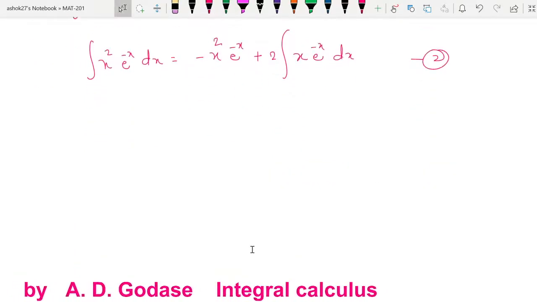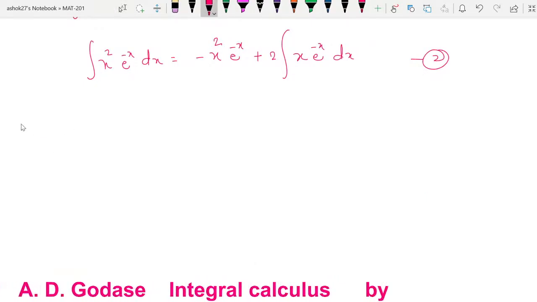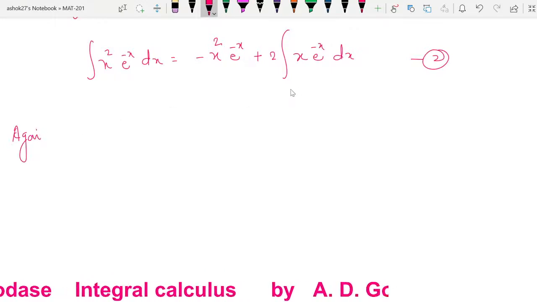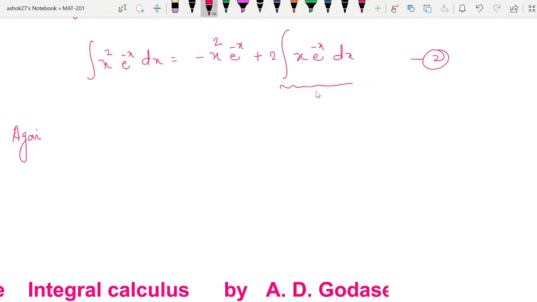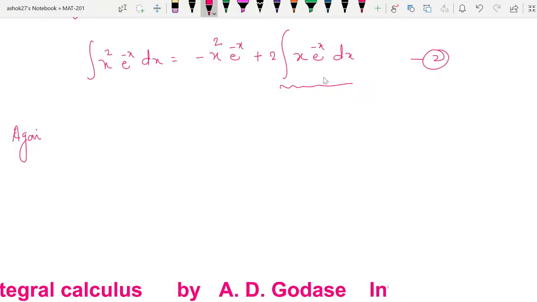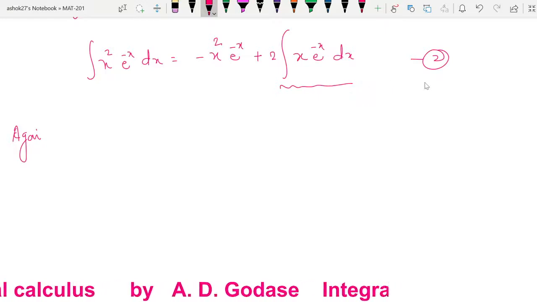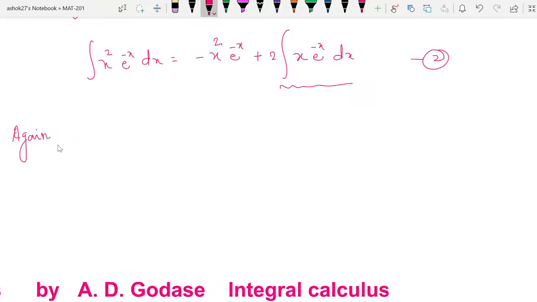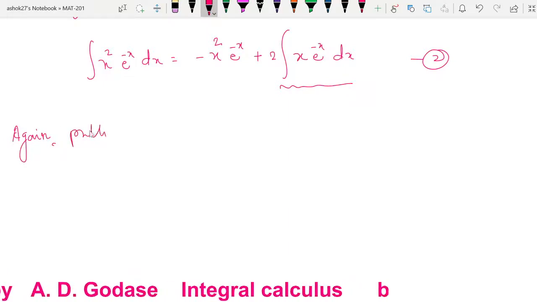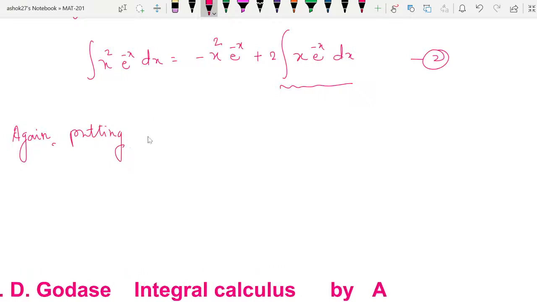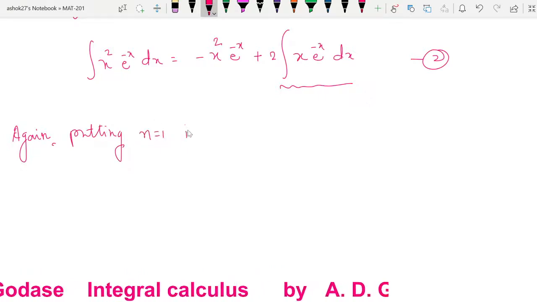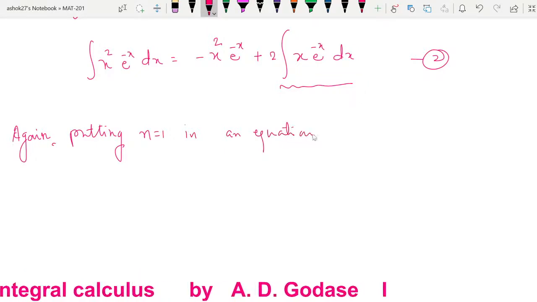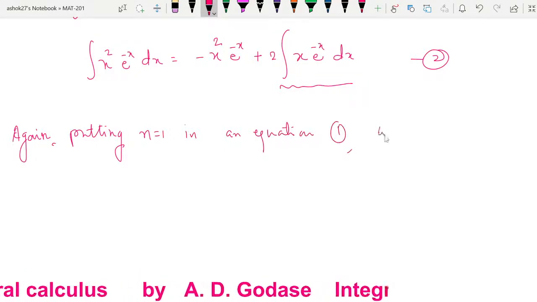So next, again, we want the value of this integration. After finding the value of this integration, we can substitute it in equation number 2 and we will get the required integration. So let us put n equal to 1 in equation 1.